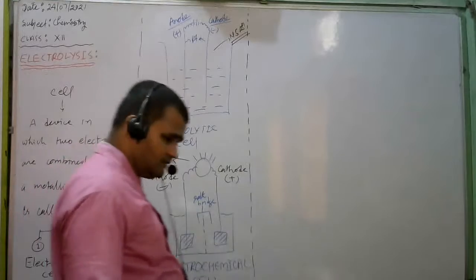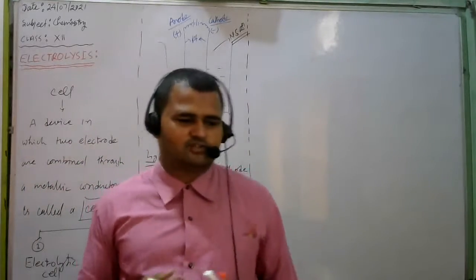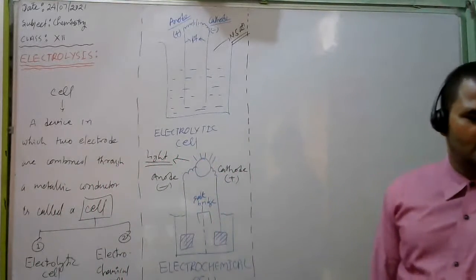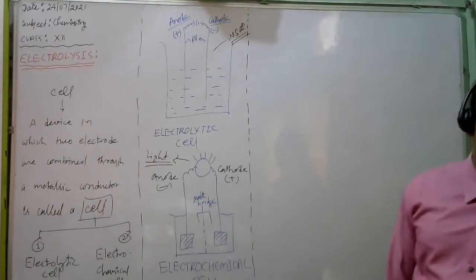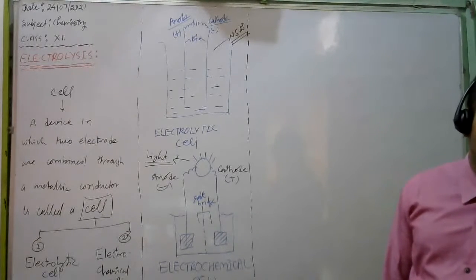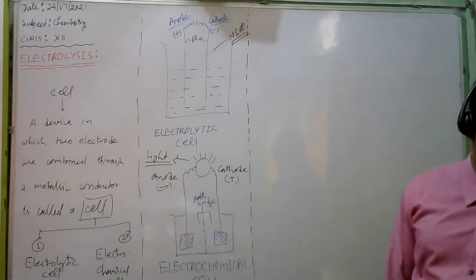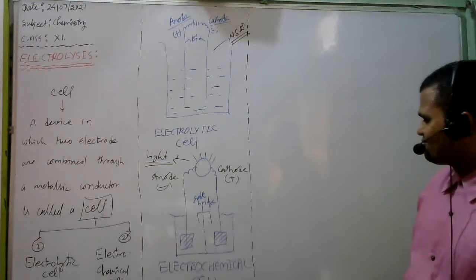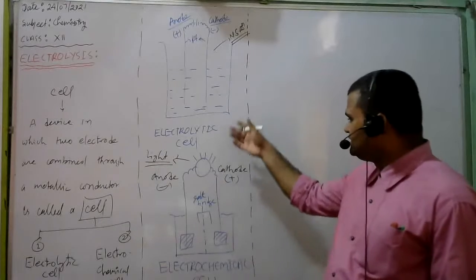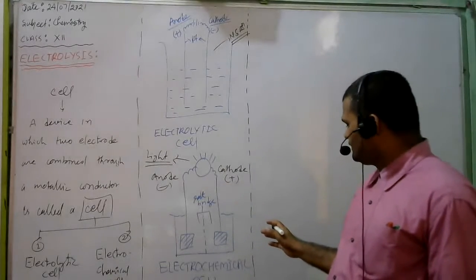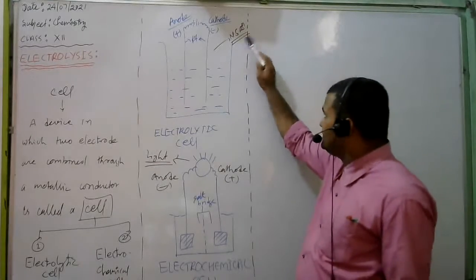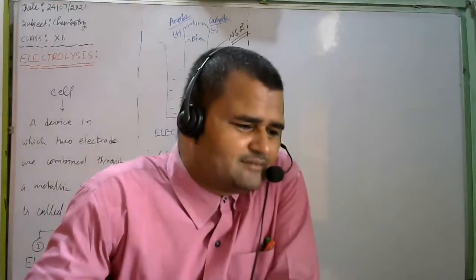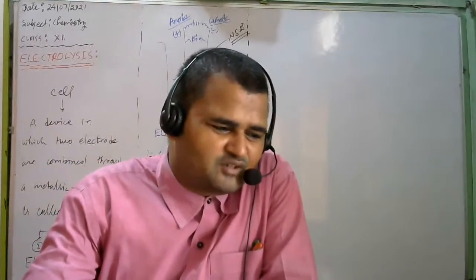What I would like to say here is, dear students, you know very well that these are two types of cell, and the non-spontaneous reaction I have already discussed in detail in your previous class, that is class 11th, in thermodynamics.